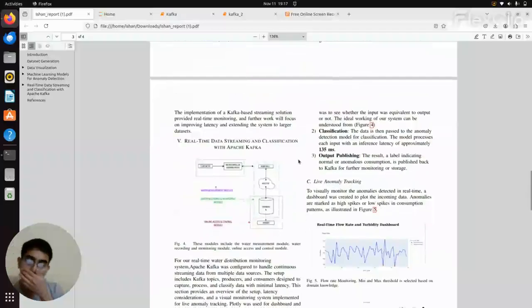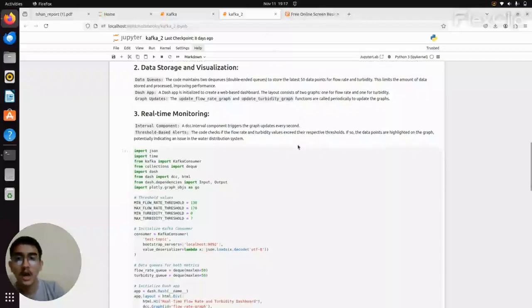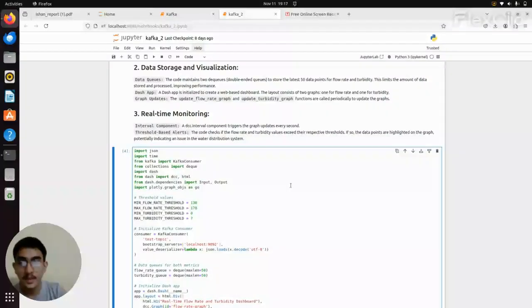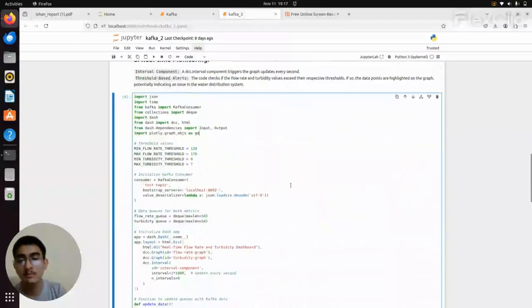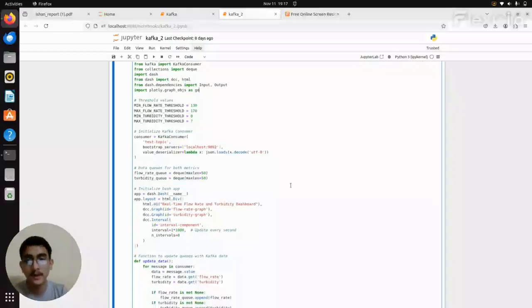Now getting to the real time data streaming and classification part. How can we send our data and visualize it on the backend? It is through Kafka. I have simply created this Kafka consumer and producer. The Kafka producer sends our data to a centralized node through to the Kafka consumer.